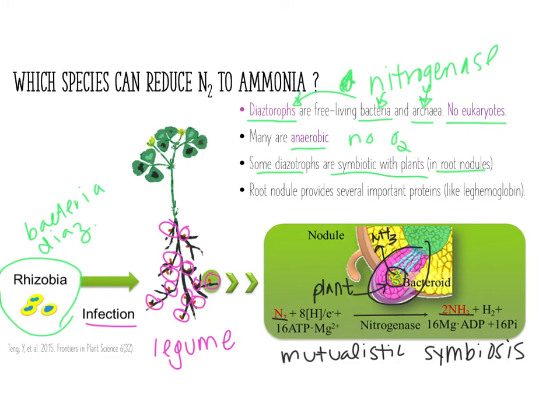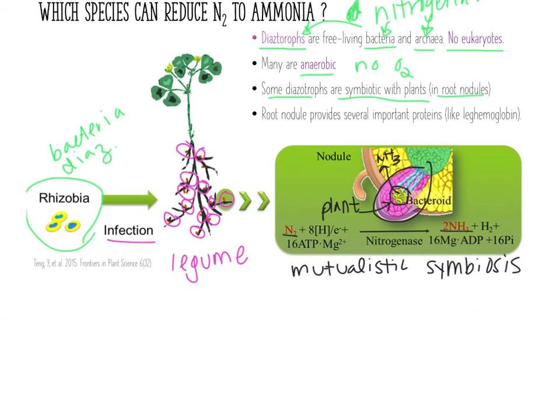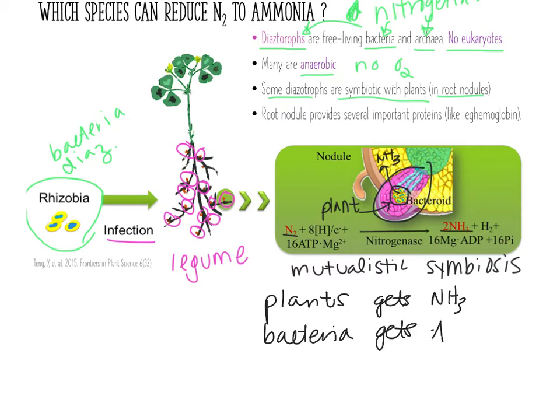because mutualism means that both organisms benefit. So plants get the useful form of nitrogen, and the bacteria get ATP from the plant. It gets carbon skeletons, or carbon energy metabolites.